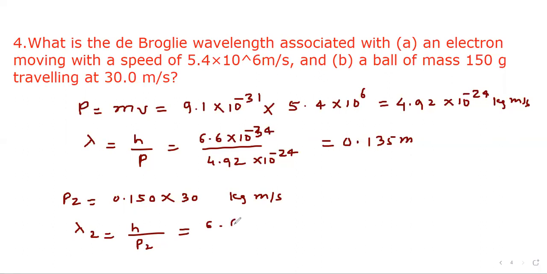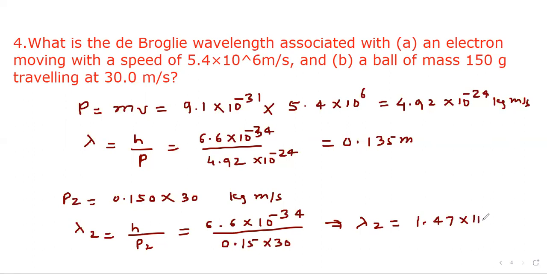So h is 6.6 × 10^-34 divided by momentum, which is 0.15 × 30. So if we simplify it, we will get lambda 2 equal to 1.47 × 10^-34 meters.